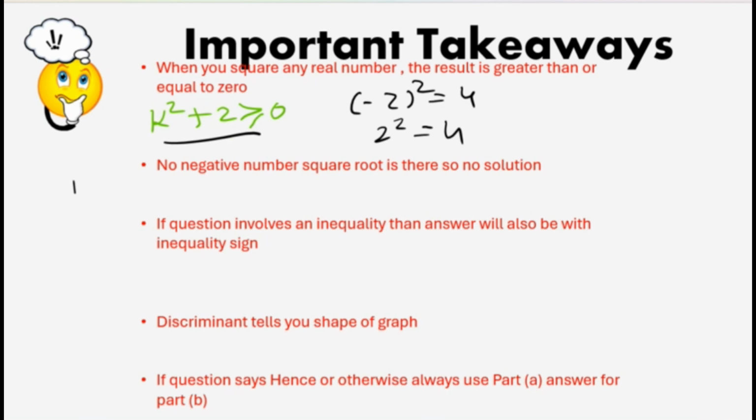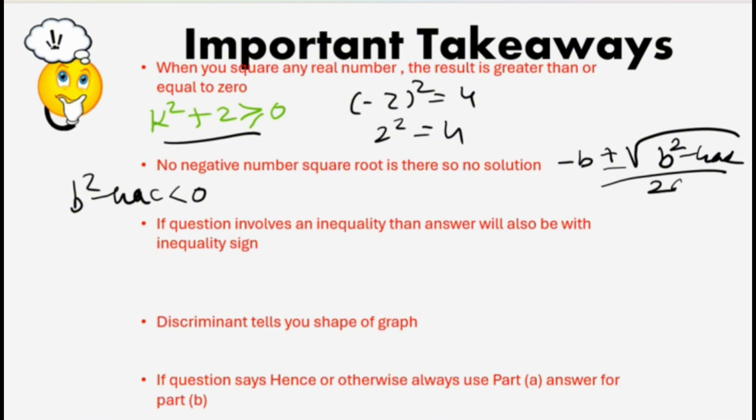Why does b squared minus 4ac less than 0 not have any solution? Because in the quadratic formula you have minus b plus or minus square root of b squared minus 4ac, over 2a. Now if b squared minus 4ac is a negative number, you can't take the square root of a negative number.